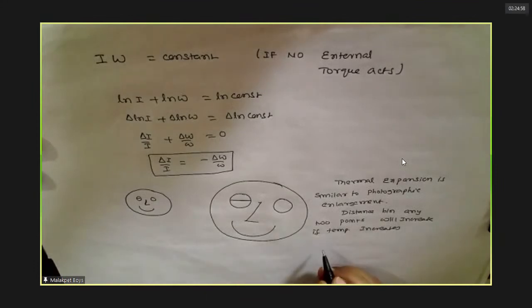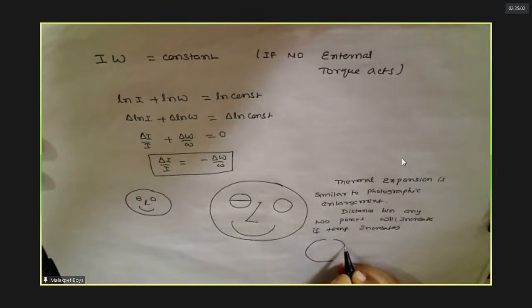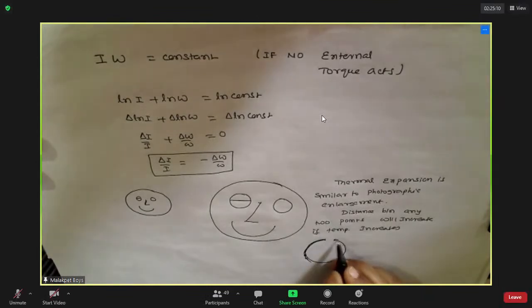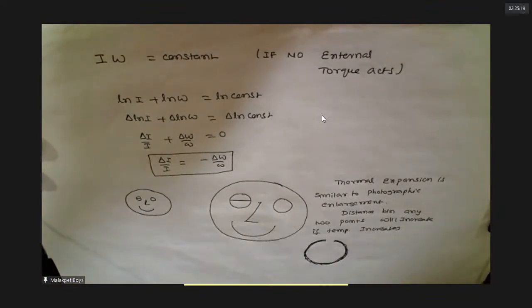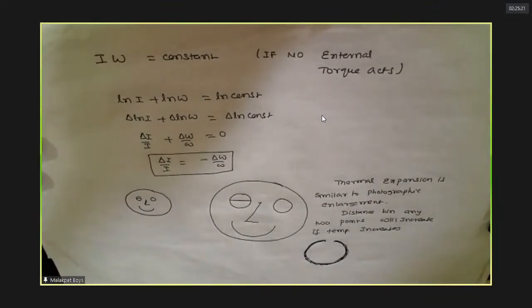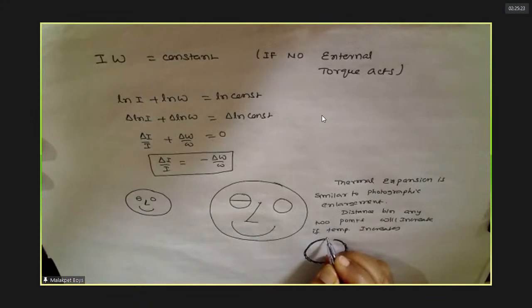Okay, so see, for example, you are having some circular ring. Okay, this is the circular ring. Understood what I am speaking? Now, this circular ring has this gap, x.